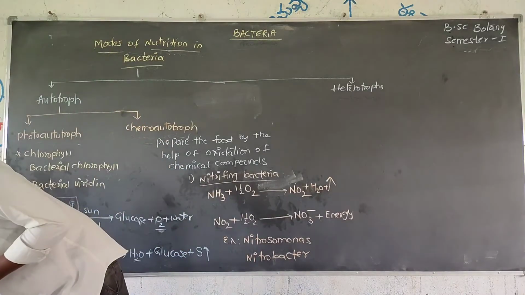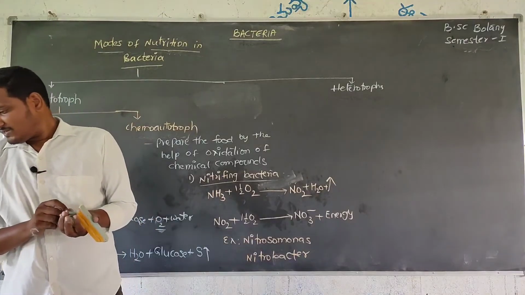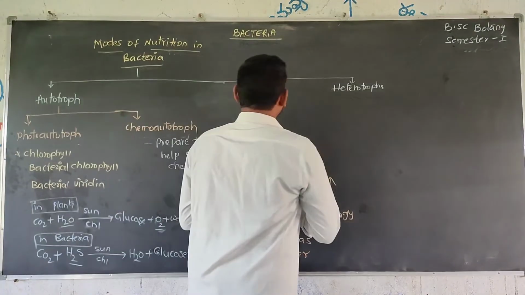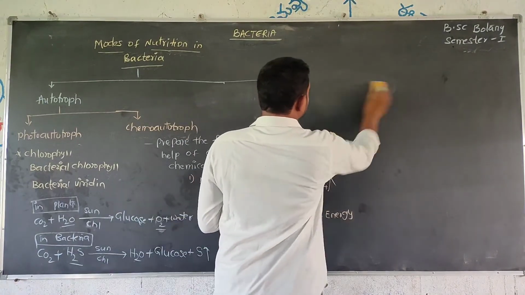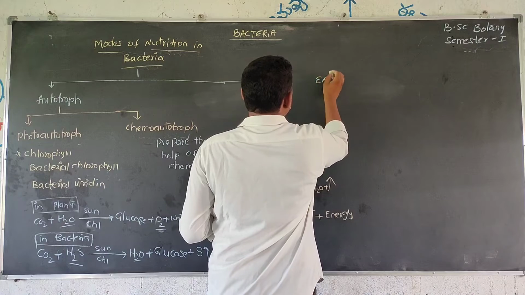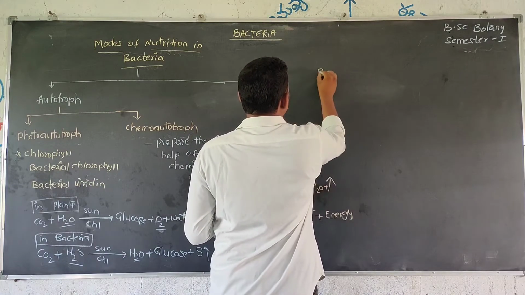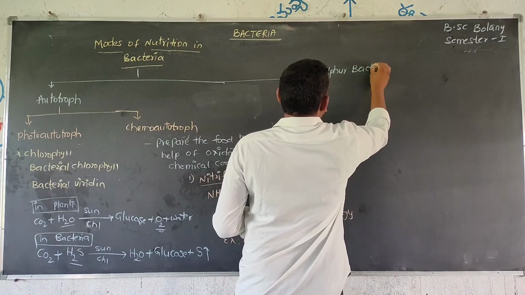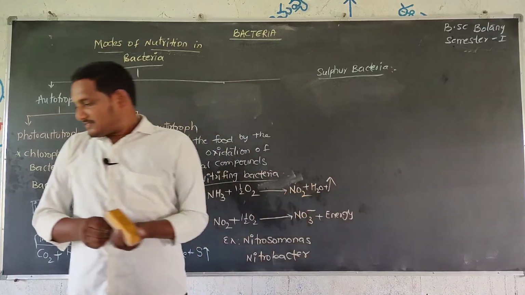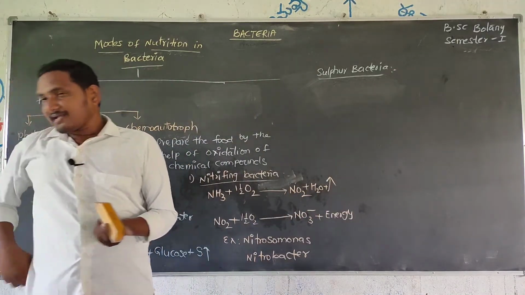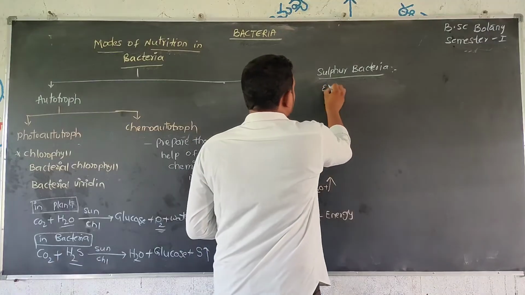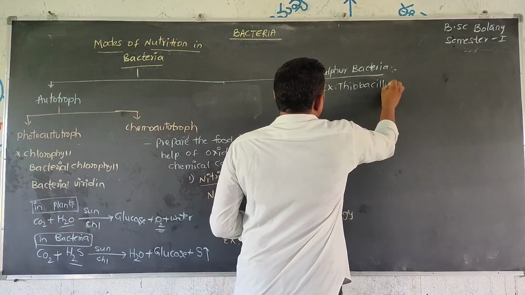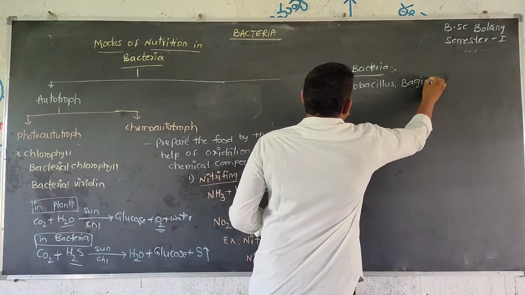Next, sulfur bacteria. Examples for sulfur bacteria are mainly Beggiatoa and Thiobacillus.